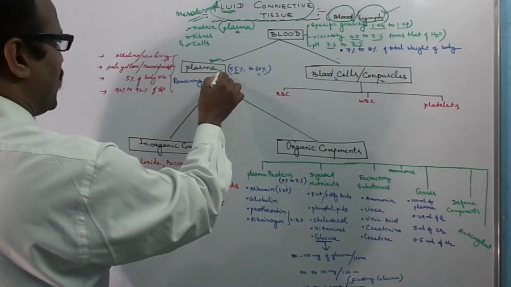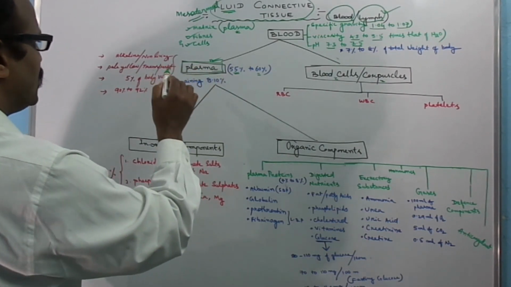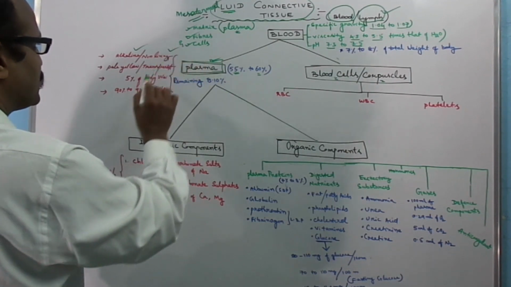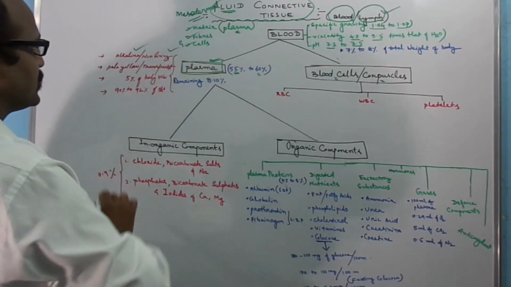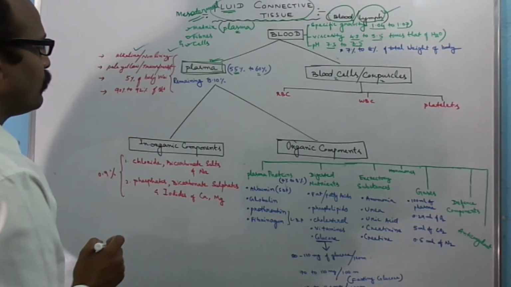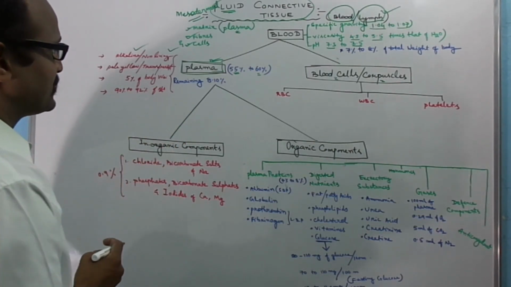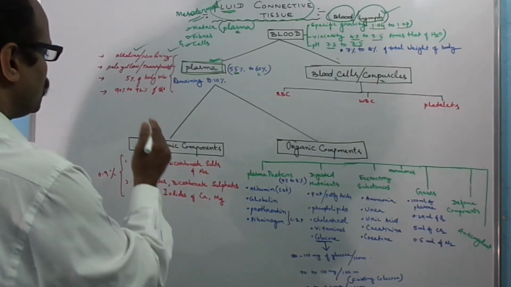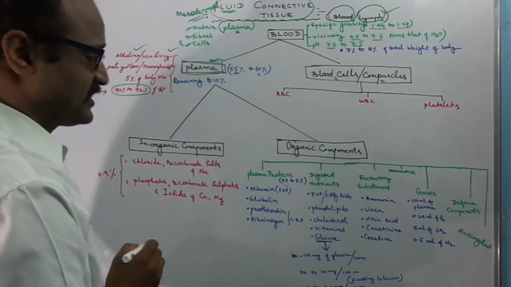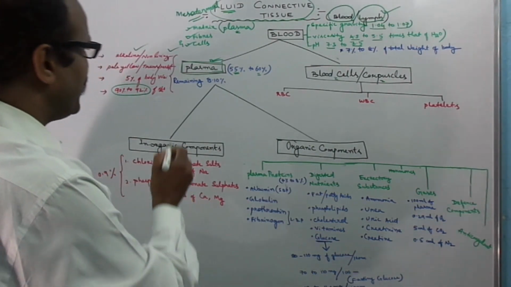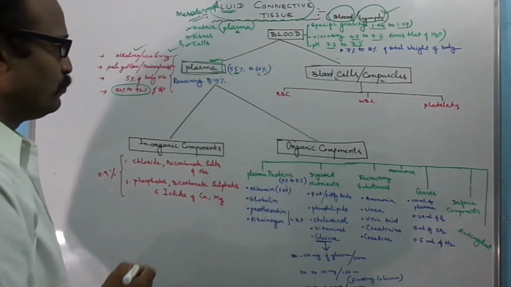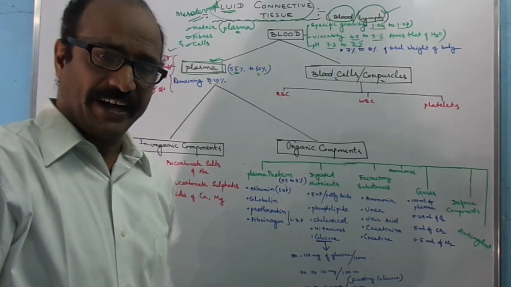Such plasma is slightly alkaline in nature, non-living, pale yellow in color and clearly transparent. Plasma constitutes about 5% of the body weight, and the main composition of plasma is 90 to 92% water. The remaining 8 to 10% of plasma is composed of two types of components.